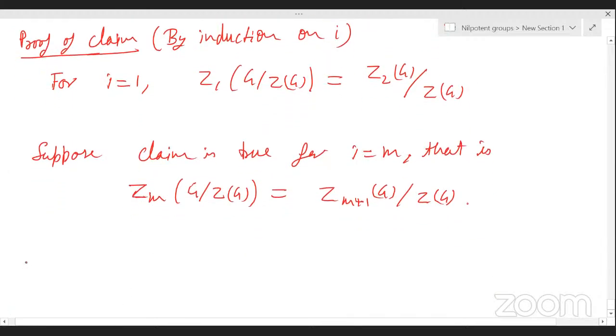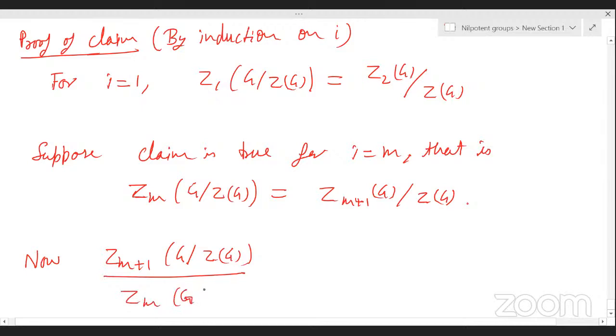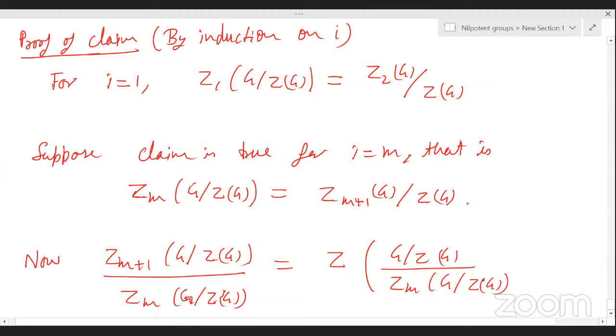Okay. Now by definition, what is Z_{m+1}(G/Z(G)) upon Z_m(G/Z(G))? This is the same thing as the center of G/Z(G) upon Z_m(G/Z(G)). Do you agree?